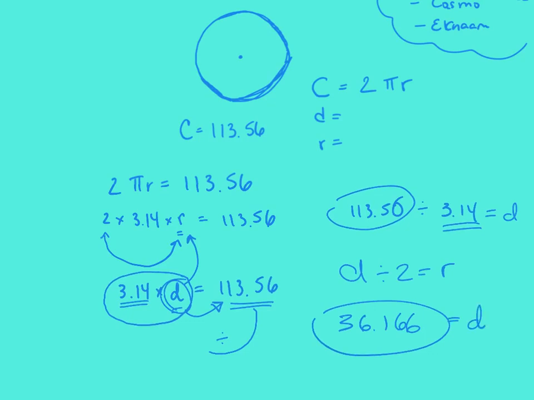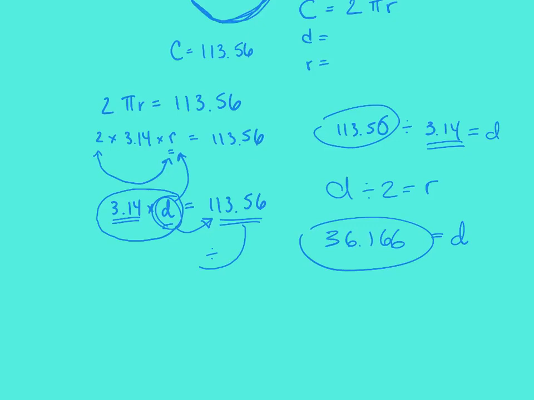You divide that by 2 and you're going to get your radius. So these problems, where were these problems from? Which exercise? Were they from both exercises I assigned or just one?